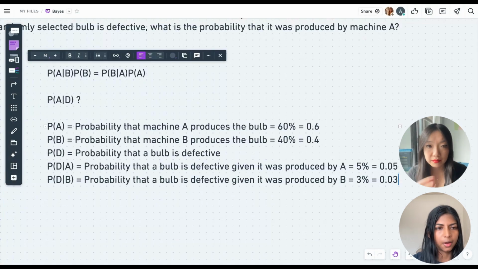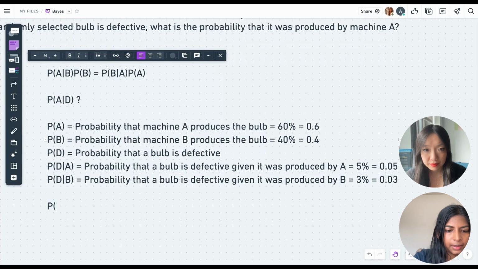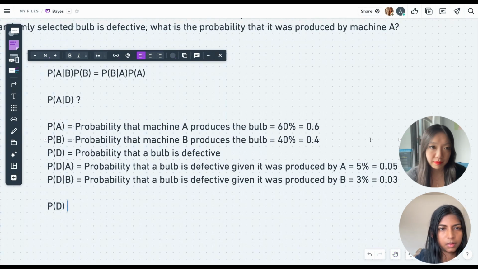Okay, so yeah, I think now I've written down all the probabilities that we've been given. So now I'll first calculate P(D), because that's the one probability which we'll need to calculate, and which is needed to calculate the final probability of A given D.